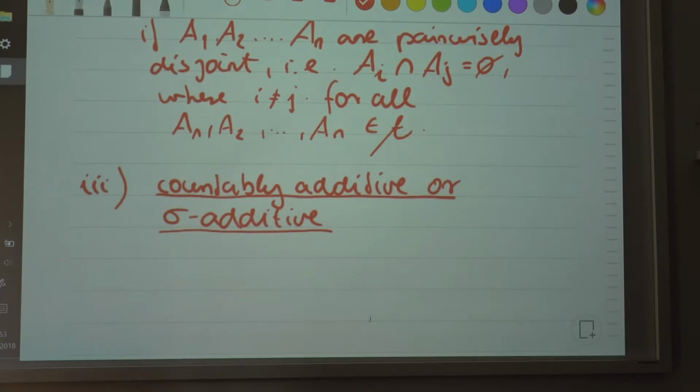So you have the image of a countable union, where i goes from 1 to plus infinity. That's the difference. This is not the same as finite unions.